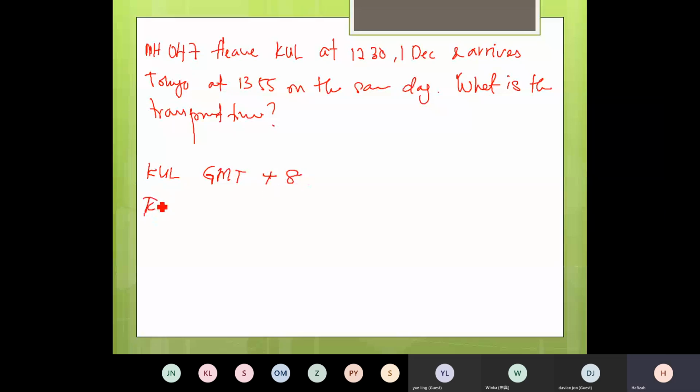And then Tokyo GMT is plus 9. So the time in Kuala Lumpur is 12:30 and Tokyo is 13:55. So what should we do here?